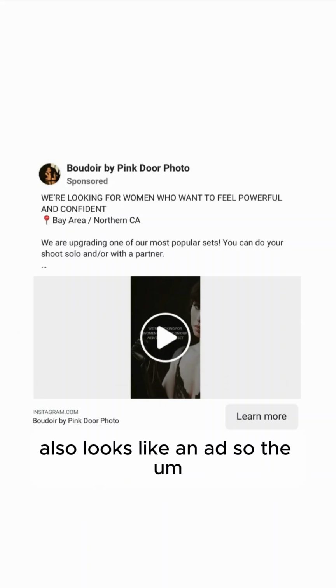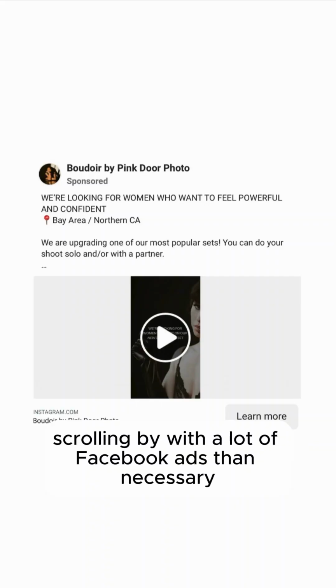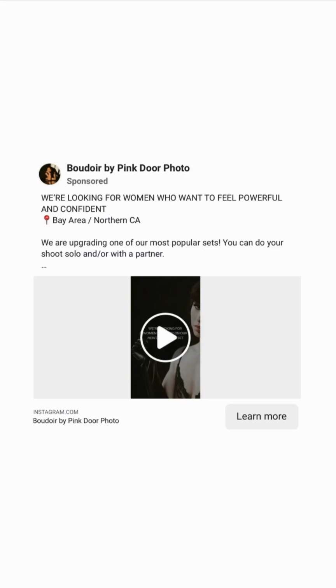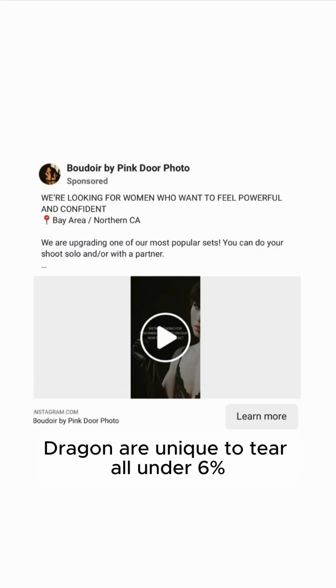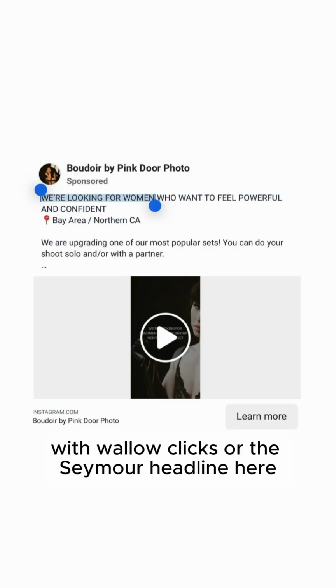So the consequence of this is way, way, way more women scrolling by our Boudoir Facebook ads than necessary, dragging our unique CTR under 6% and contributing to BLCS.